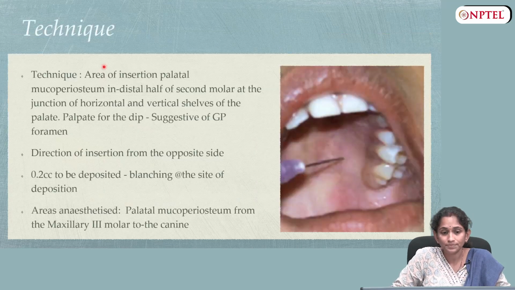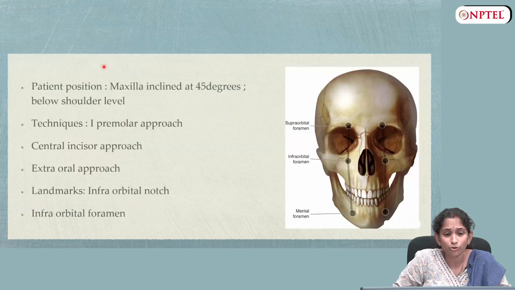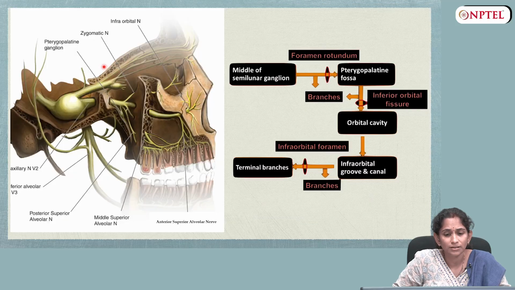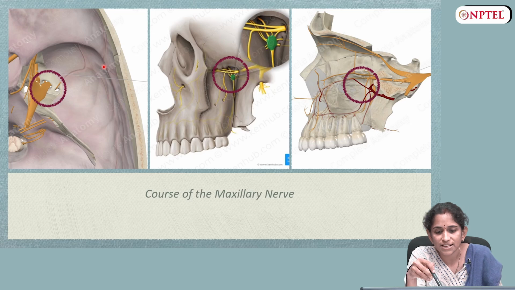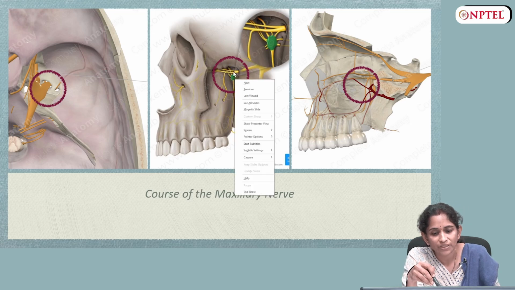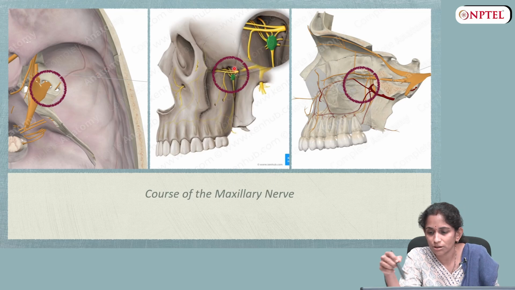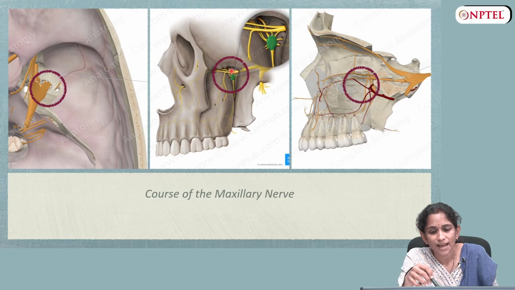If you remember, we have done this before. That is the pterygopalatine fossa. That is a medial wall that you are seeing on the medial side. That is formed by the perpendicular plate of palatine bone.